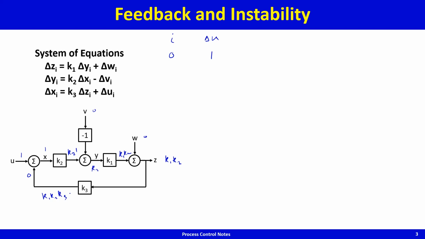So basically, when I execute these equations for the first time, delta z is k1 k2.